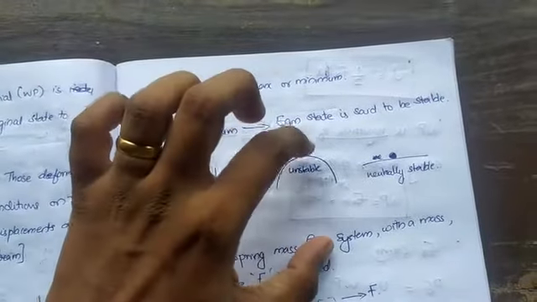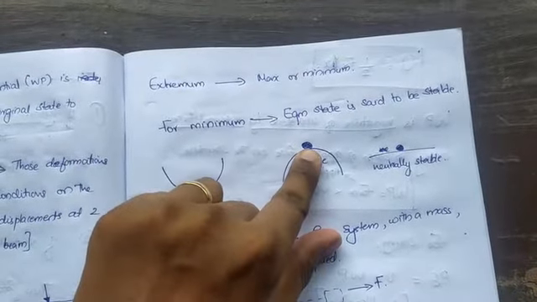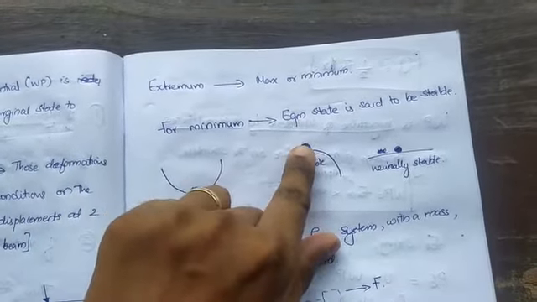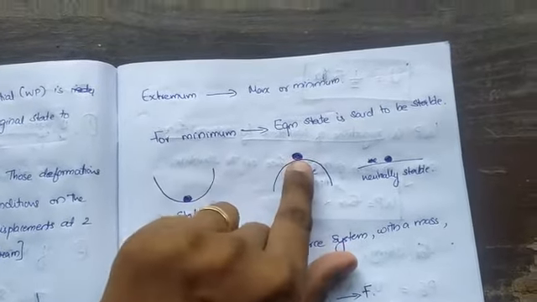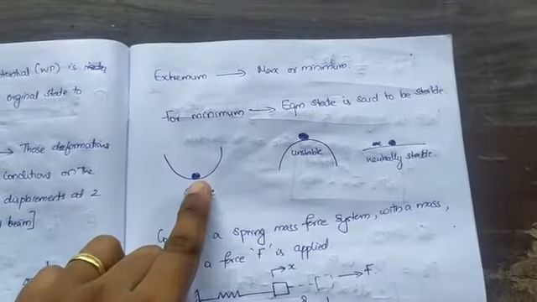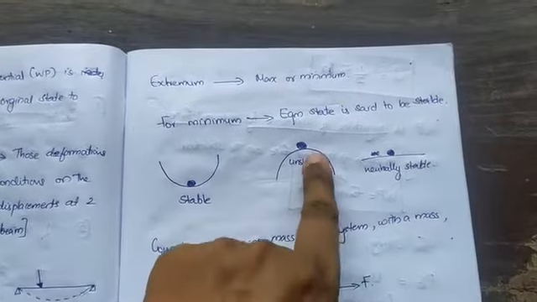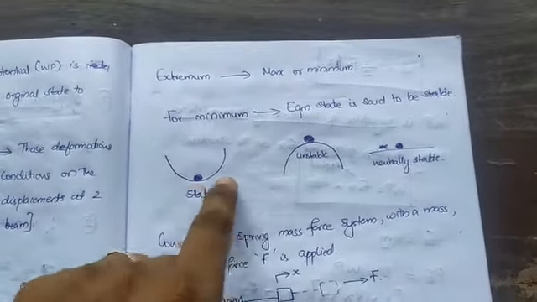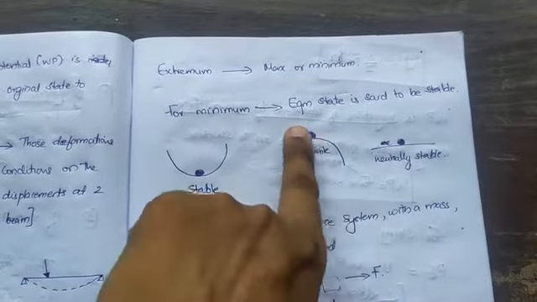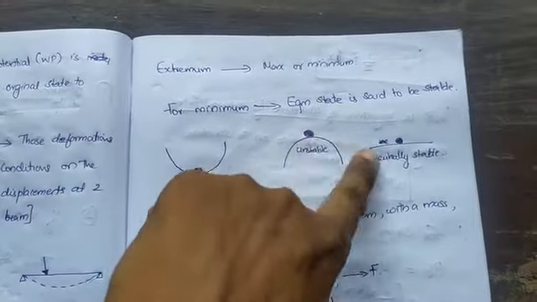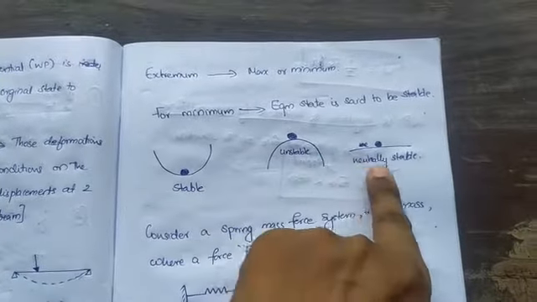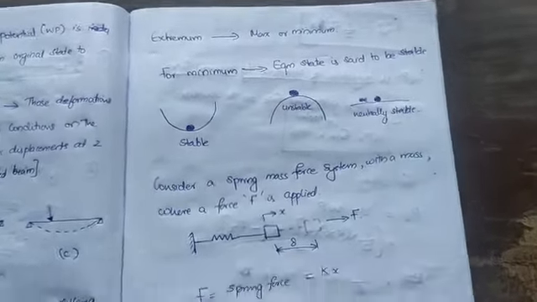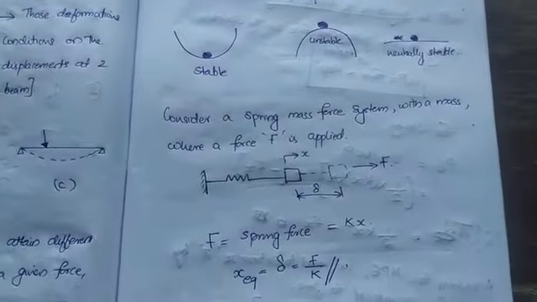If I keep a roller at the top, it has a potential energy that is maximum. Here it is minimum potential energy. Here it is stable, this is not stable; a small change will make it fall down. And the neutral is stable. Okay, we'll go and see the example.